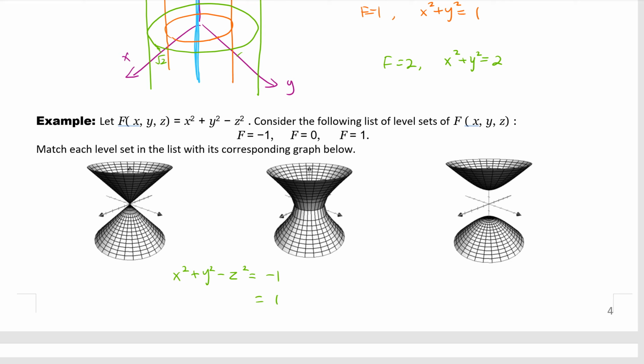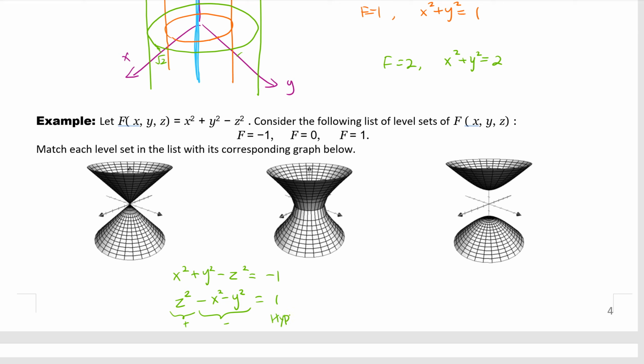So let's multiply by minus 1, and then we put the positive coefficient term on the left, and then we have this. If you can still remember, we have one term that's positive and 2 terms with negative coefficients. Then what is that? This is hyperboloid of 2 sheets.